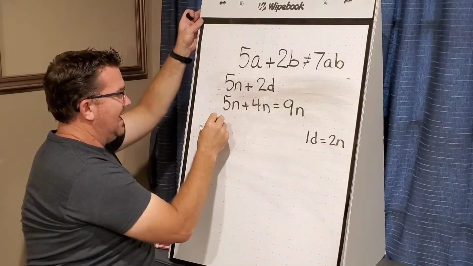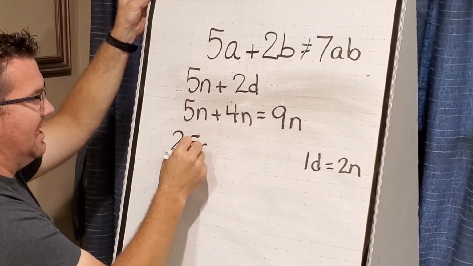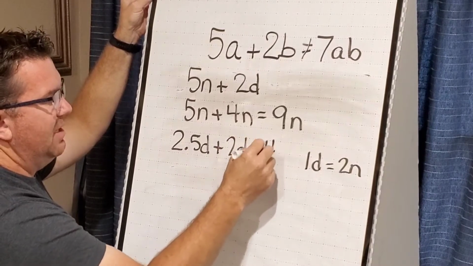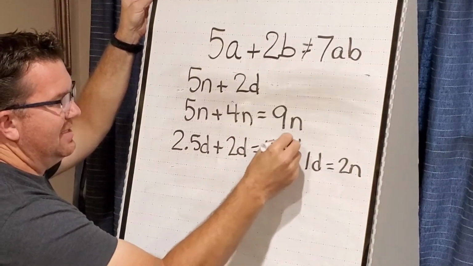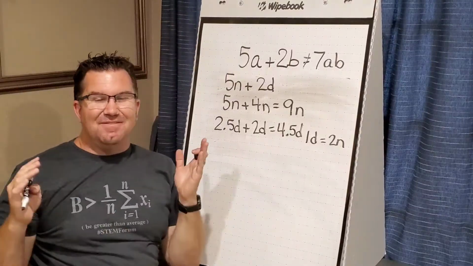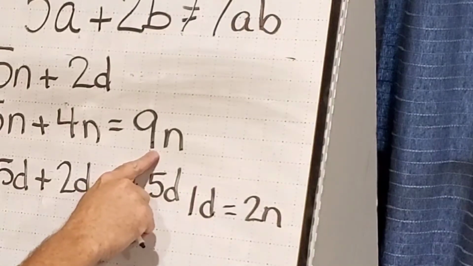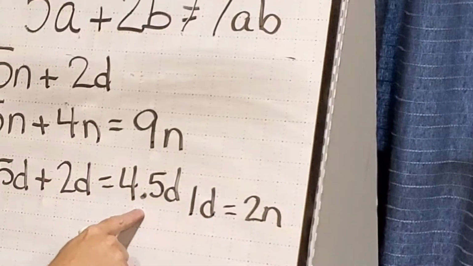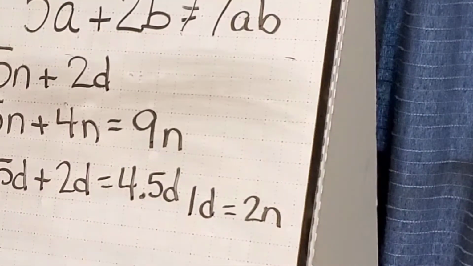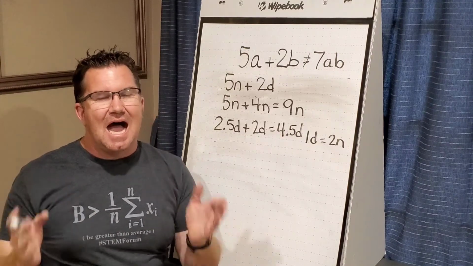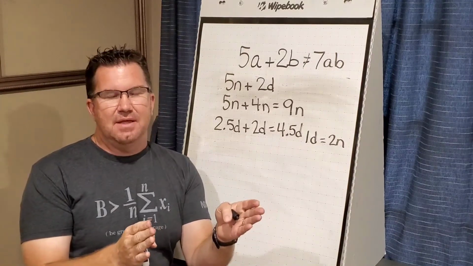Or I can say I have 2.5 dimes plus 2 more dimes, which would give me 4.5 dimes. And if you know anything about nickels and dimes, this is 45 cents and this is also 45 cents, showing that as long as there's a relationship, I can add these things together.